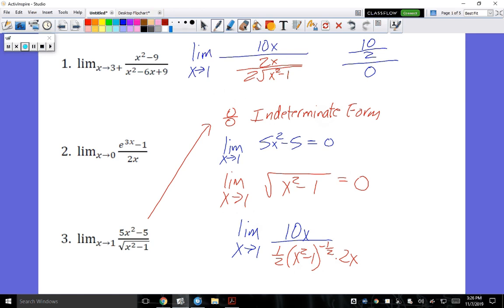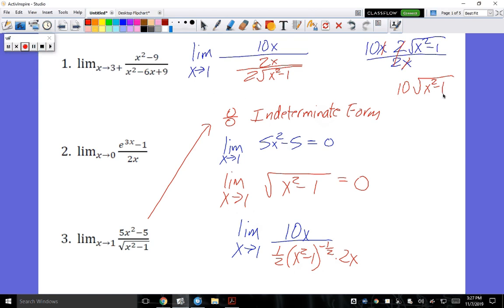But I have to simplify before I plug in the limit. So 10x divided by this is the same as multiplying by what? The reciprocal. So we have 10x multiplied by the reciprocal. We can cancel the 2's and the x's, so in a sense, all I have is this left over.